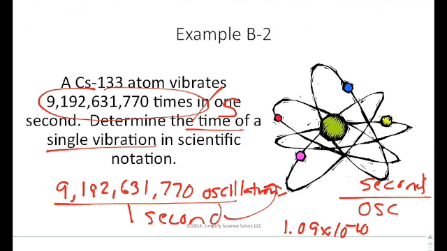Now before you move on from here, you really need to take time to figure out how your calculator works. If you're using a TI product like a TI-83 or 84, you really need to be using the second comma key, which is just above the 7, whenever you're entering things in scientific notation. You would enter 1.09, second comma, which gives you this E, and then you'd enter minus 10.